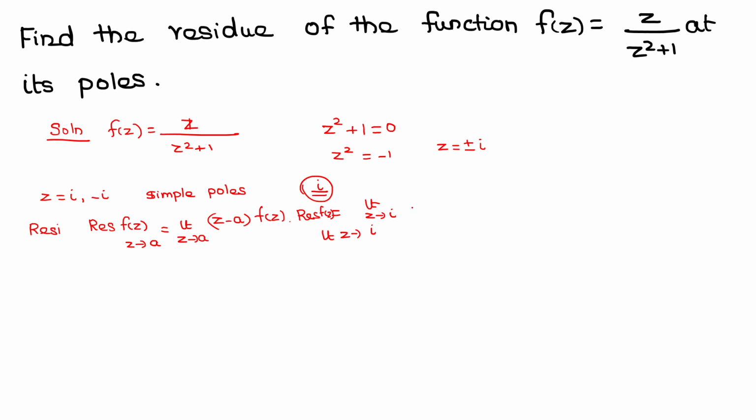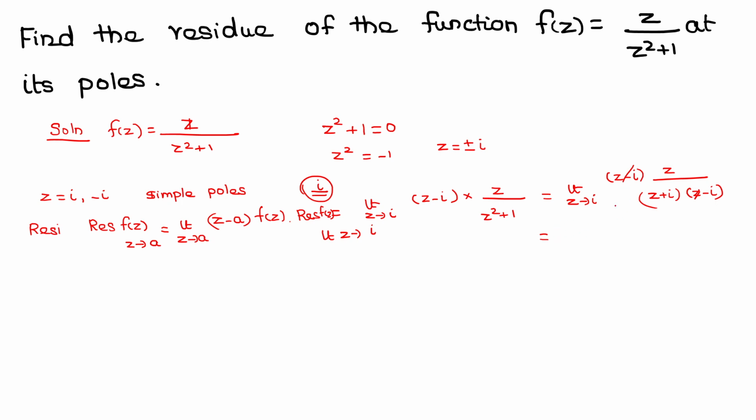Limit z tends to i, (z minus i) into f of z, where f of z is z by z square plus 1. So limit z tends to i, (z minus i) into z by, I am going to write z square plus 1 as (z plus i) into (z minus i). So cancel these two.